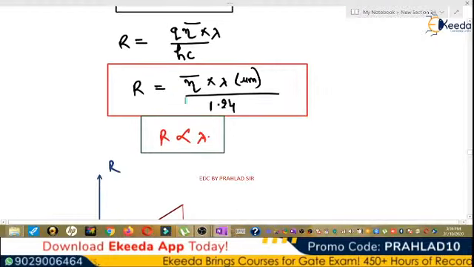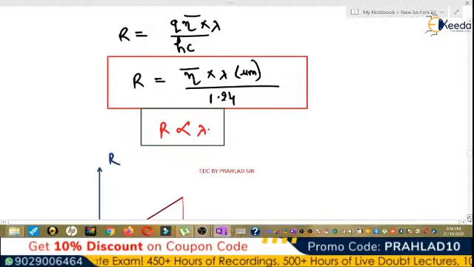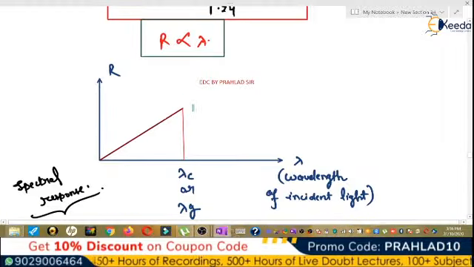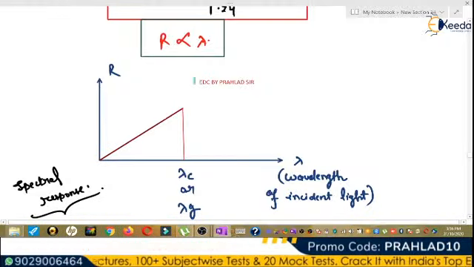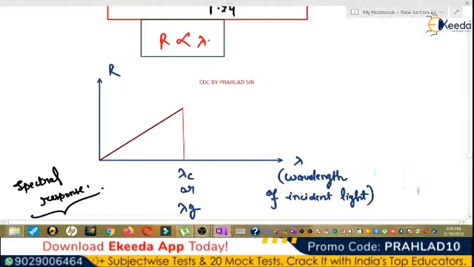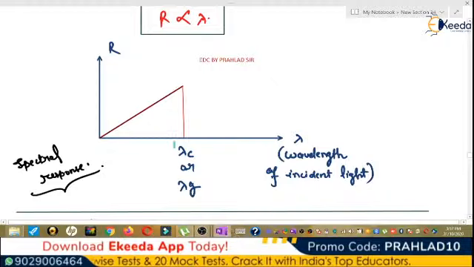So R is proportional to lambda. R is equal to eta bar into lambda by 1.24, and this graph is shown like this. So after lambda C or lambda G, the energy gap, which is hc by lambda, is small, so this graph suddenly becomes 0 here.